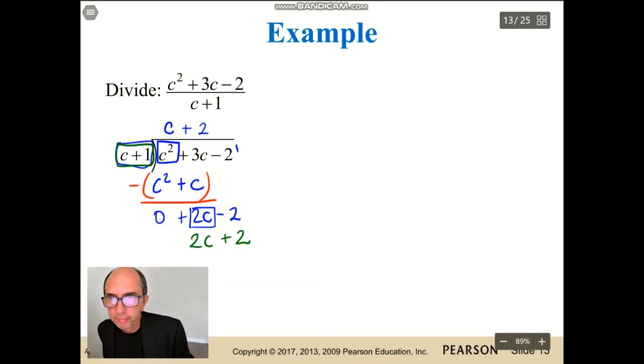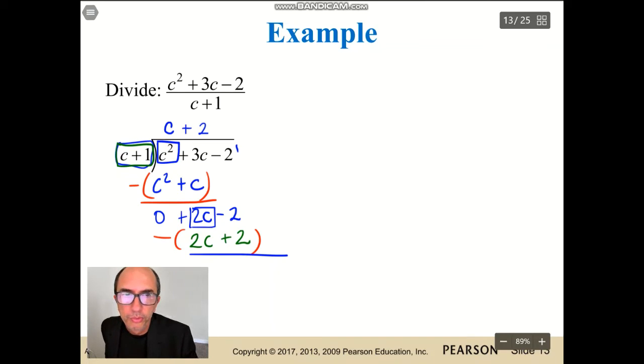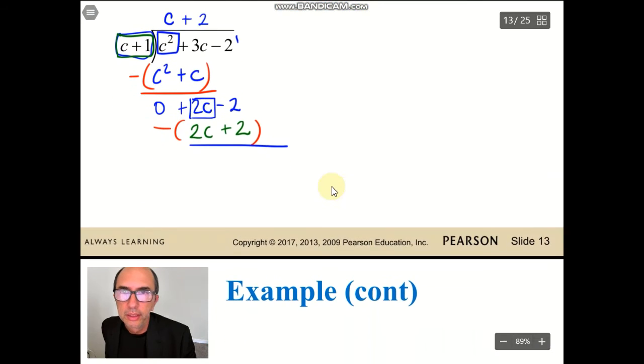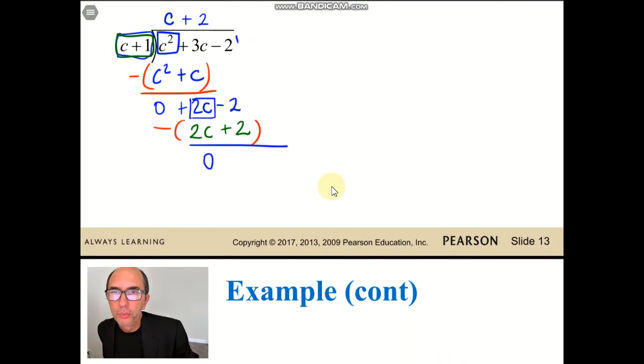Subtract, and you will have 0, negative 2 minus positive 2, negative 4.